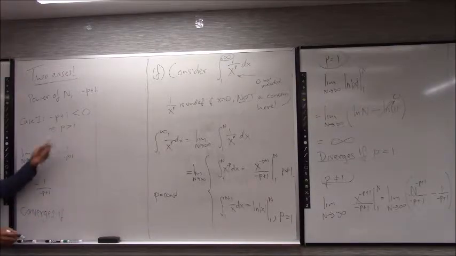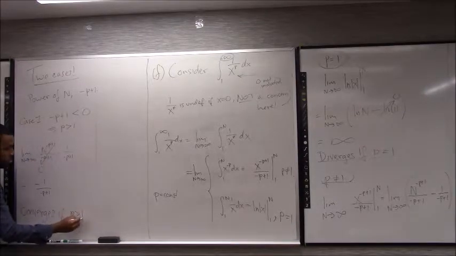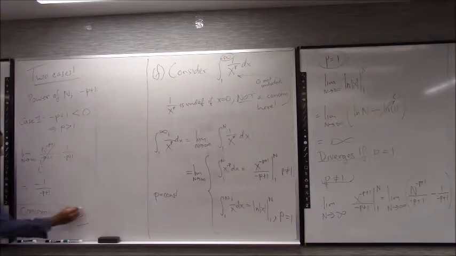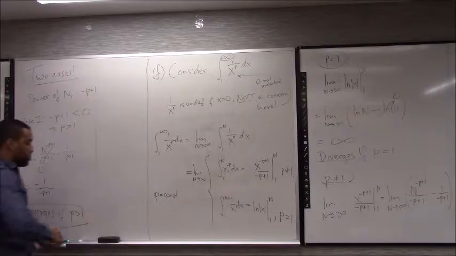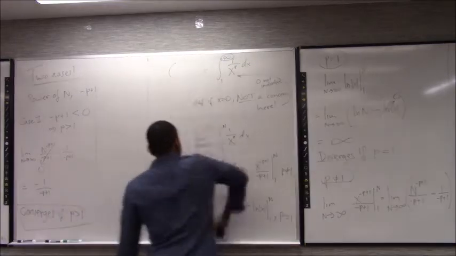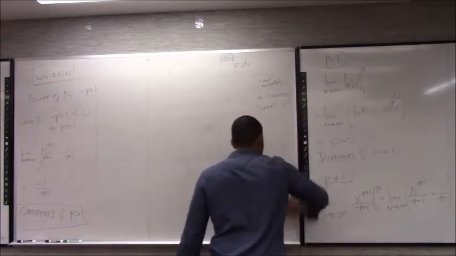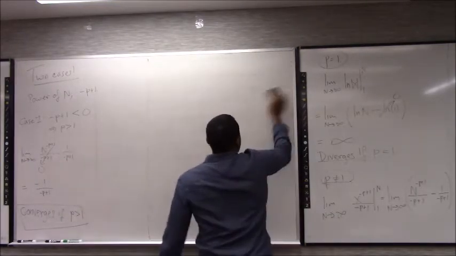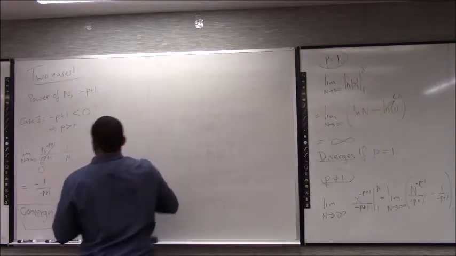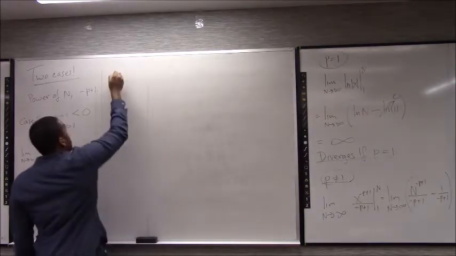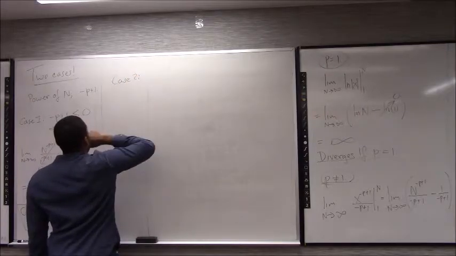And when did it converge? Under the assumption that my p is bigger than 1. Looking at case 2, what if it were a positive power?